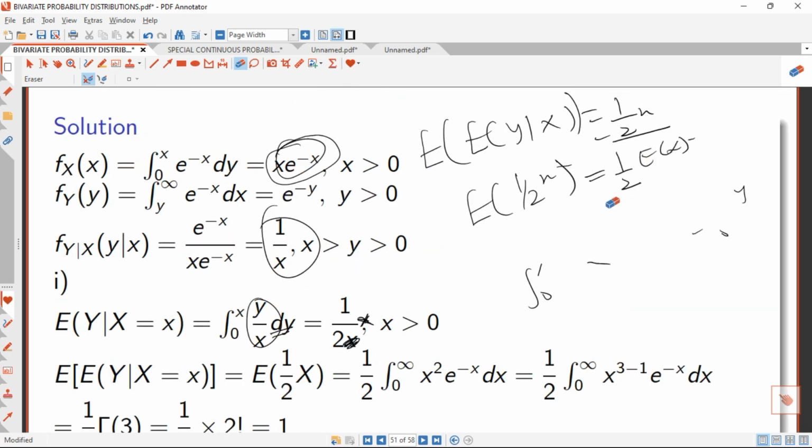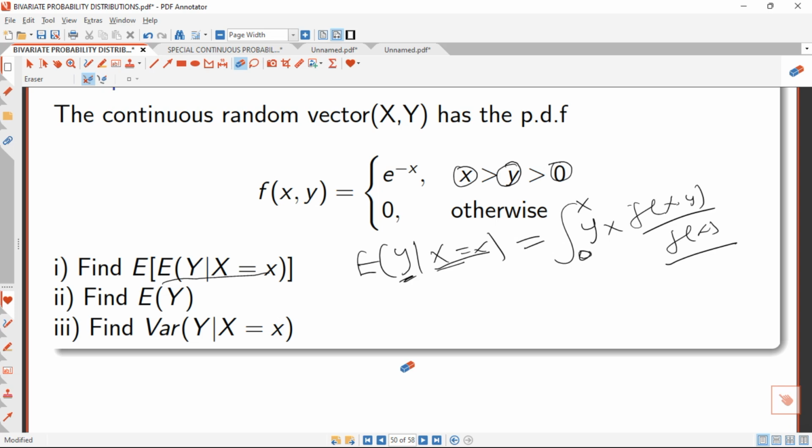Here we are just going to move our half out. So we are going to get 1 over 2 times the integral from 0 to infinity. The reason why we are moving from 0 to infinity is that we want our expectation to be in the form of a real number, and based on our limit we move from 0 up to infinity in order to get a real number.